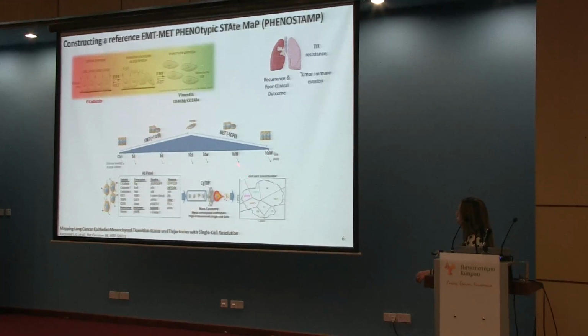So then having all this data, the high-dimensional single-cell proteomic data, my goal was to build a map that anyone could use to assess clinical specimens from lung cancer patients. So pretty much we built this reference map that, depending on where your cells of analysis fall, will tell the clinician or the researcher, this cell is mesenchymal, this cell is epithelial, or partial EMT.